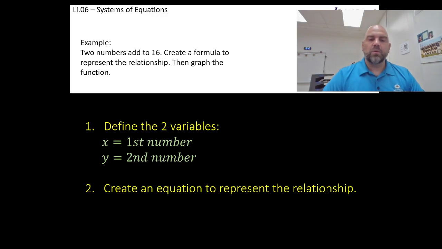Second step in here is we want to create an equation to represent our relationship. Now, in this case here, we're not really told a rate of change. We're just told that we have two numbers, x and y, which add up to 16. So we can write it out as x plus y equals 16. This one doesn't follow graphic form.